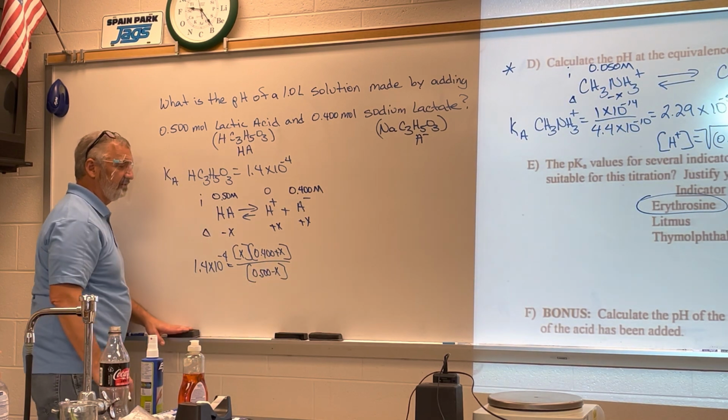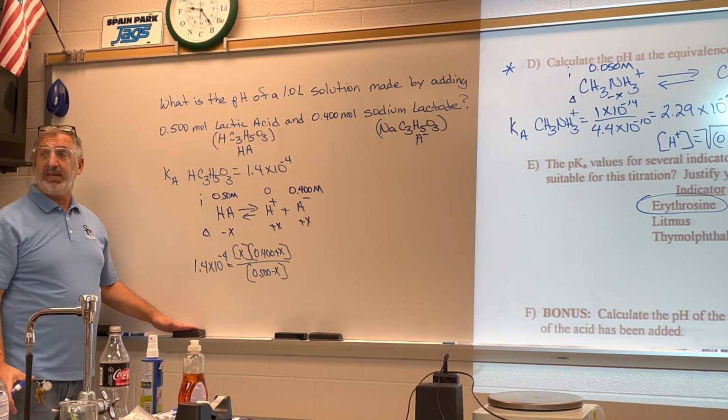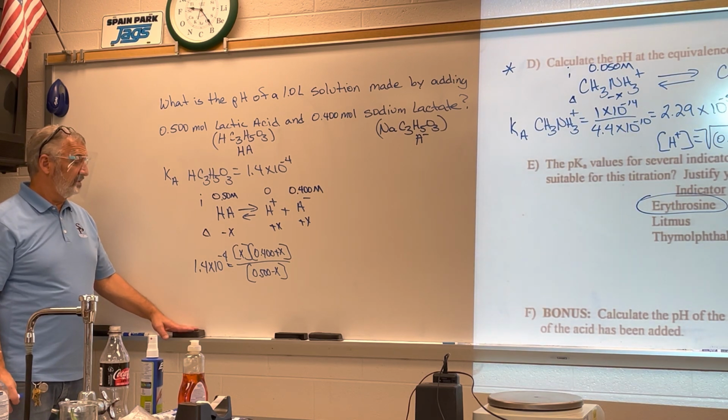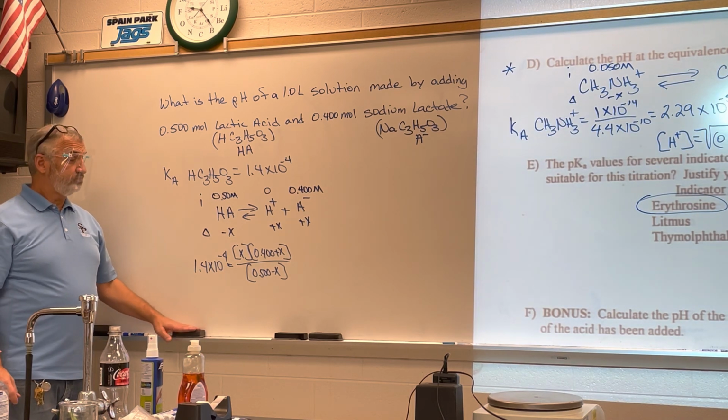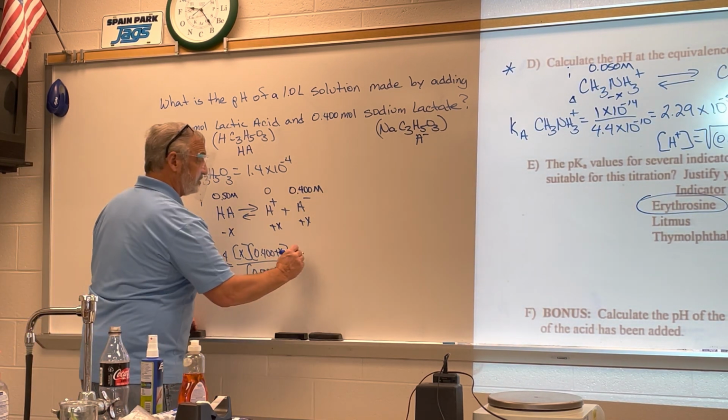But what do we get to do? X is negligible. Okay, because we're at 10 to the minus 1, 10 to the minus 4, so we're 1,000. And so x is negligible.